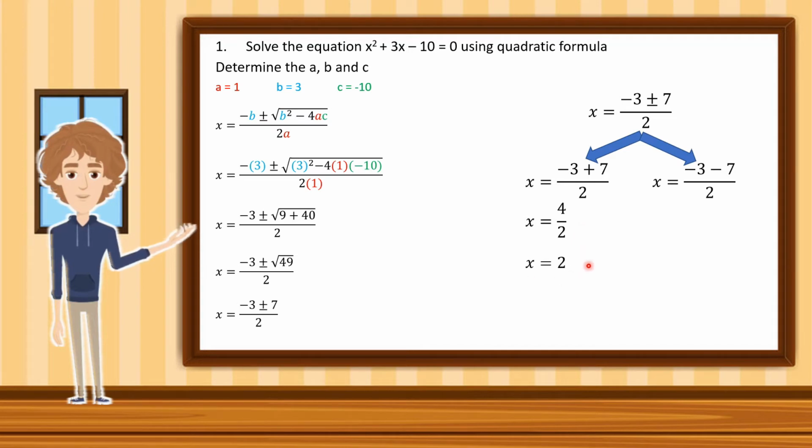So the first root is 2, and the second root is negative 3 minus 7 all over 2, that is negative 10 over 2, which is negative 5. Therefore, the roots are 2 and negative 5.